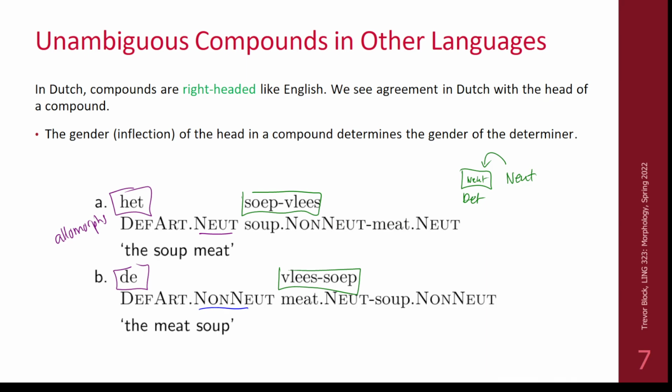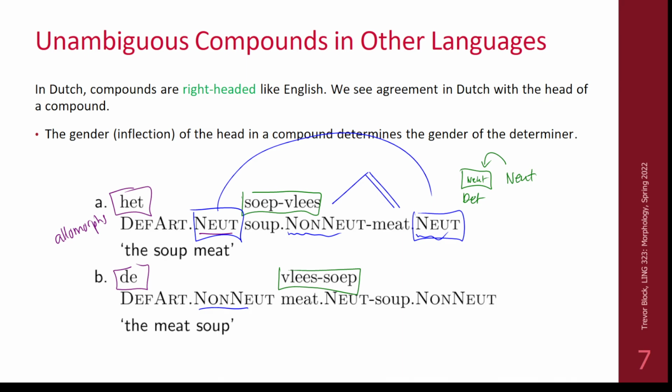So when we take a look at soup meat, soup is non-neutral, but meat is neutral. And the definite article here is neutral. So if we think about the head being on the right side of this compound, this would make sense because the definite article is agreeing with this neutral gender, which is the head of that compound.